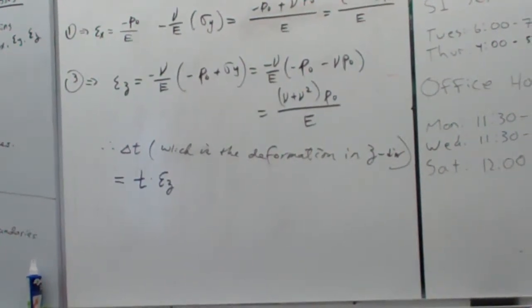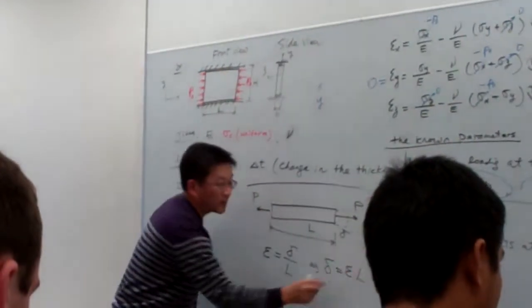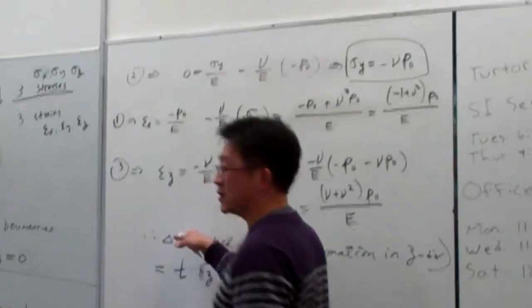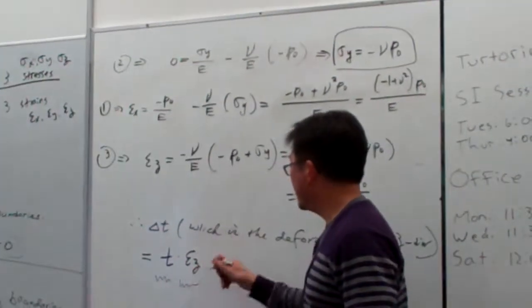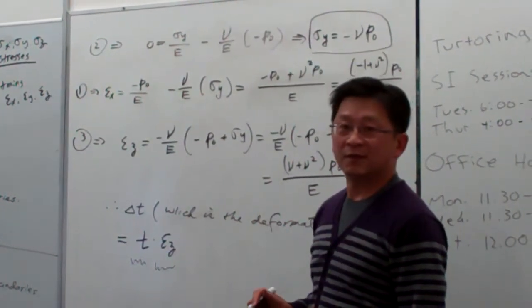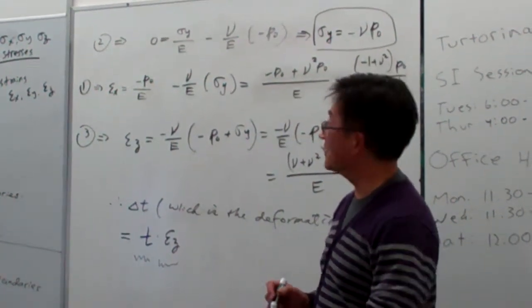That means the deformation equals the strain multiplied with the corresponding dimension. Right now our focus is in the z direction, so I just use different symbols. We still pick up the dimension multiplied with the strain. Okay? Okay, give it a try.